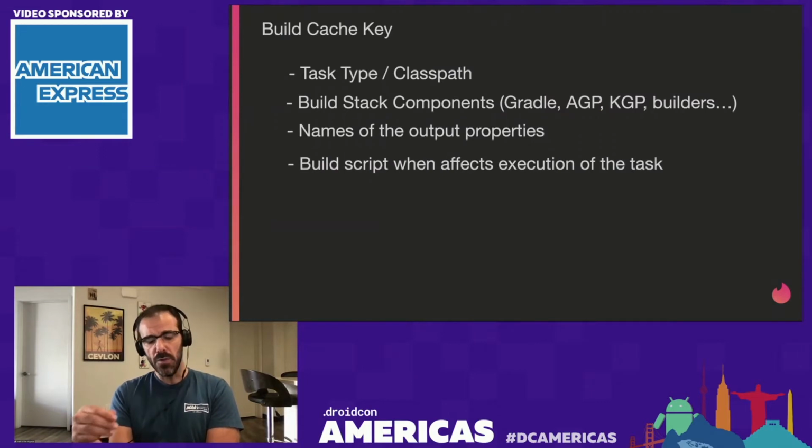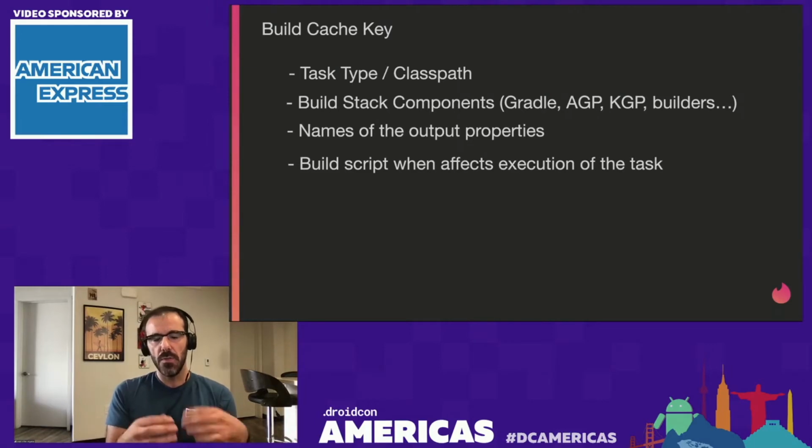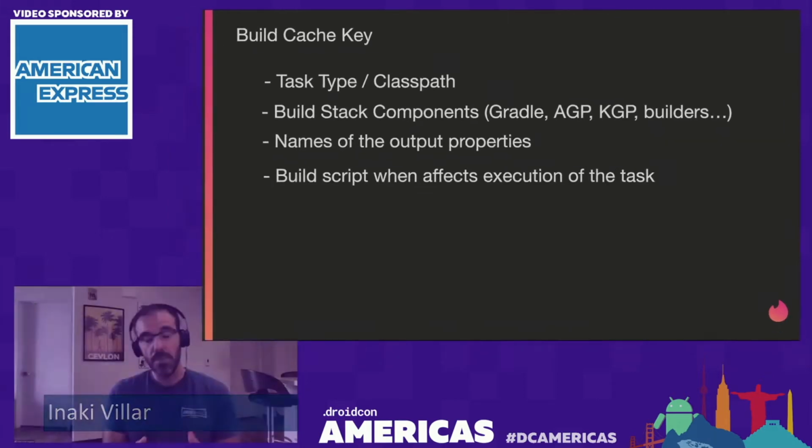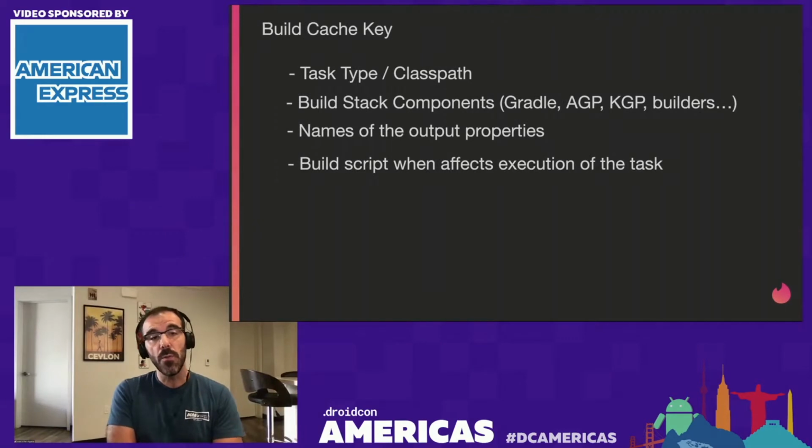How does it work internally from the Gradle perspective? As we mentioned, the task of Gradle is going to generate an output. But to calculate the key, meaning to calculate if something can be reused from the previous build, we need to have some common values.